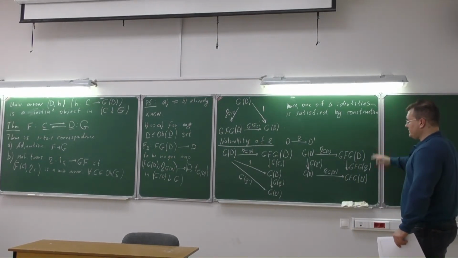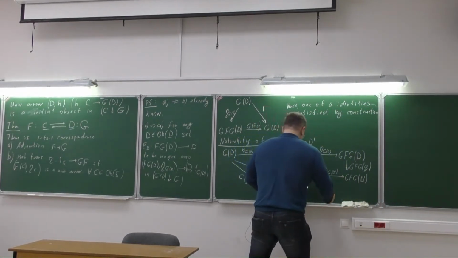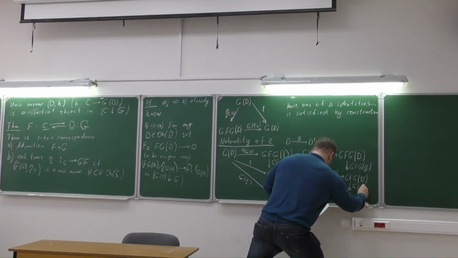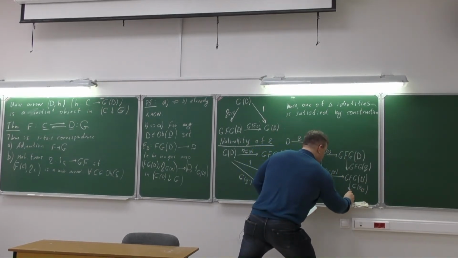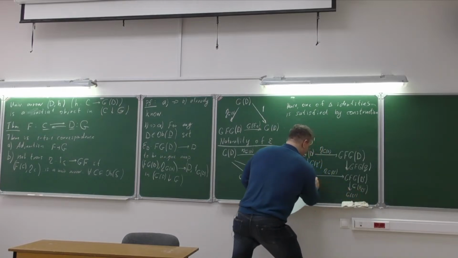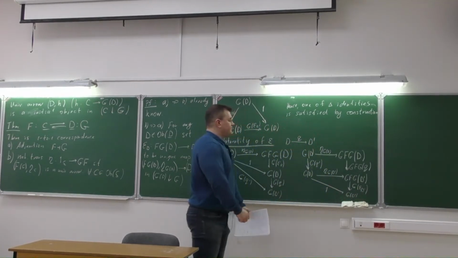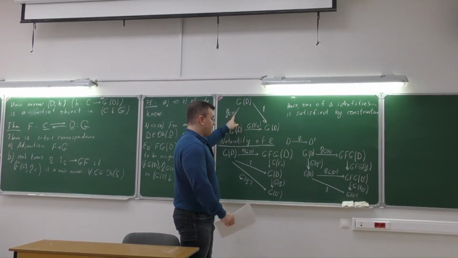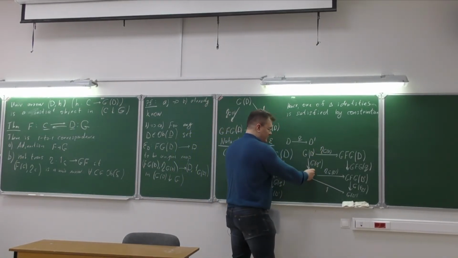If I don't have any mistakes, I hope I don't have any mistakes here. So then we again add one more triangle. We add an additional arrow, which is G of the epsilon D prime. And again, identity here, the same triangle as before, but for the object D prime. Yeah, there is a mistake here actually. This is D prime.